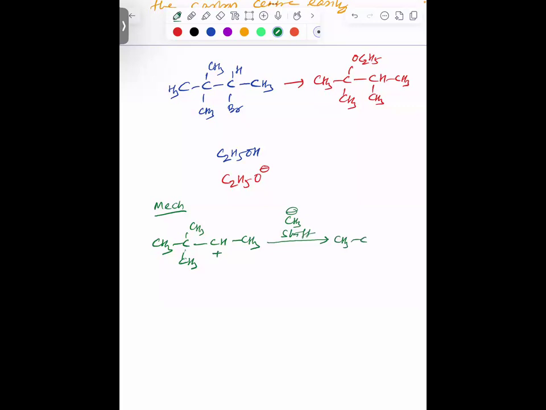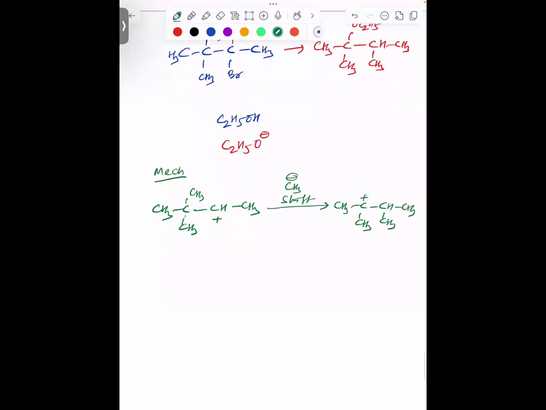So after the methyl shift, this is the intermediate.